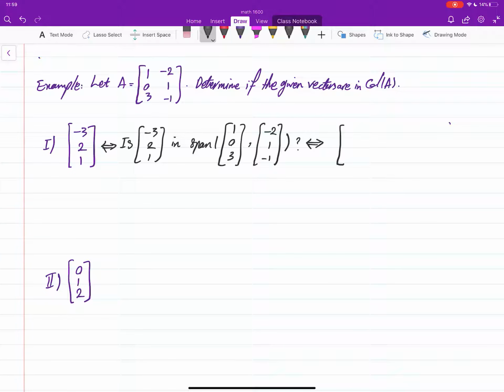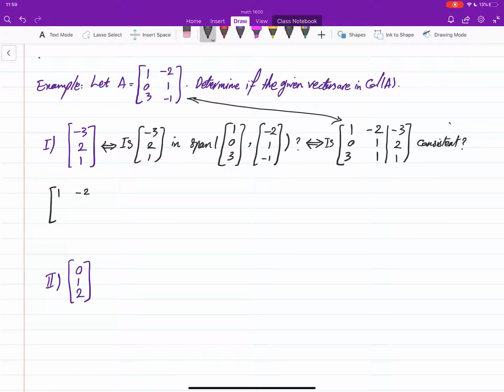What we do, we put these vectors in the column of an augmented matrix, and as you can see, this would generate the matrix itself and then augment it with negative 3, 2, 1. So the question is: is the system related to the augmented matrix consistent? Does it have a solution or not? Well, we know how to find out that. You just try to solve it. Here we can use Gauss elimination.